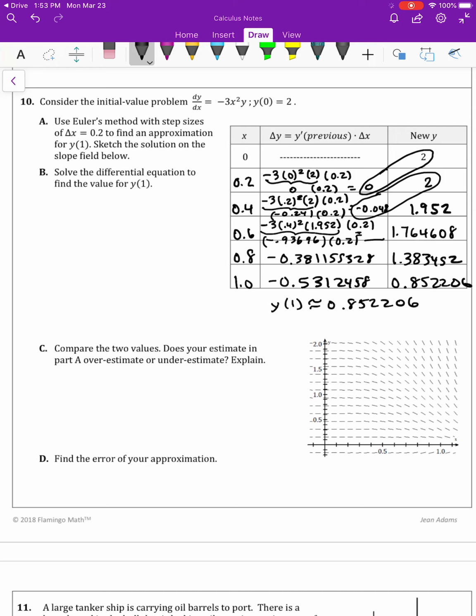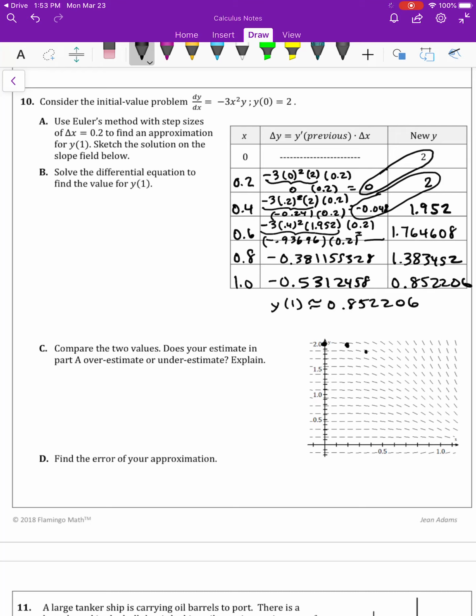And so then it wanted us to sketch these points. And I don't know, I did not have a good time sketching these. This is point 1, point 2. So point 2, we had also 2. And then point 4, we had 1.952.